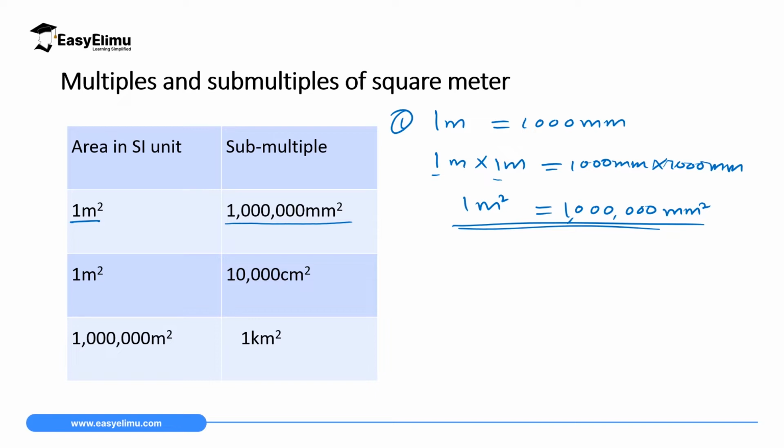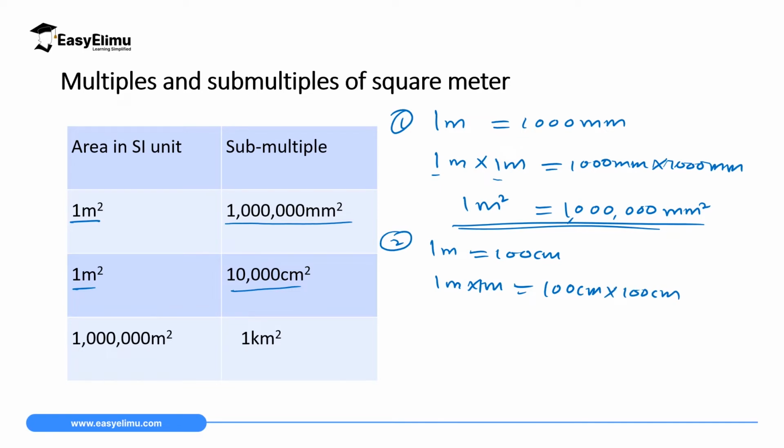The second interconversion is 1 square meter is equal to 10,000 square centimeters. How can we prove that? We said 1 meter from length is equal to 100 centimeters. Now, if we have 1 square meter, it means it's 1 meter times 1 meter, which is the same as 100 centimeters times 100 centimeters.